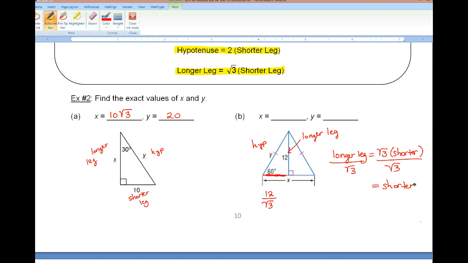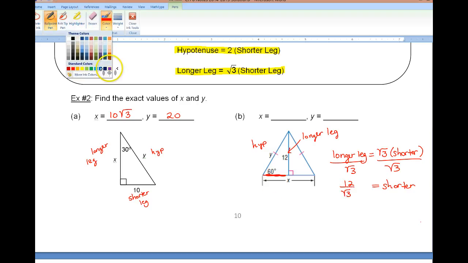Okay, so, well, x is going to be twice whatever the shorter leg is. We get the shorter leg by dividing by square root of 3. Here, this is 12 divided by root 3.